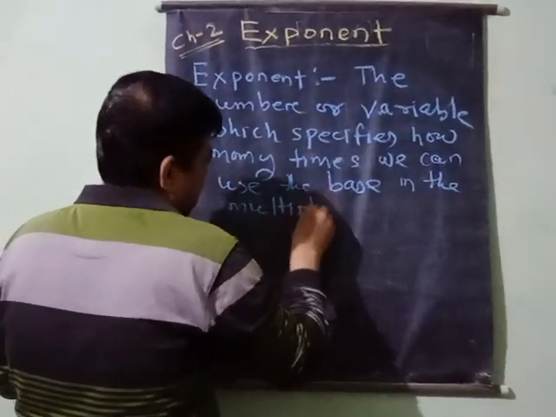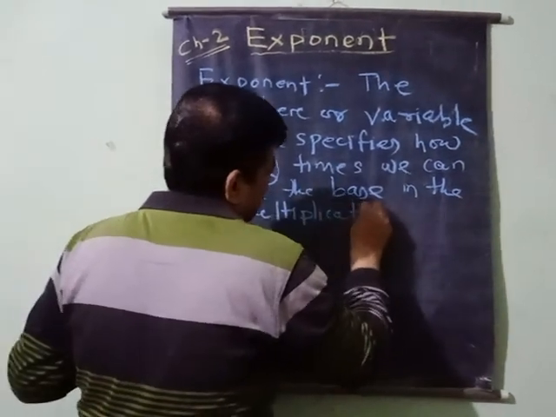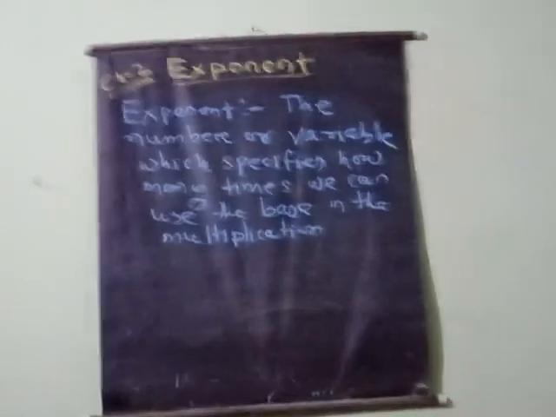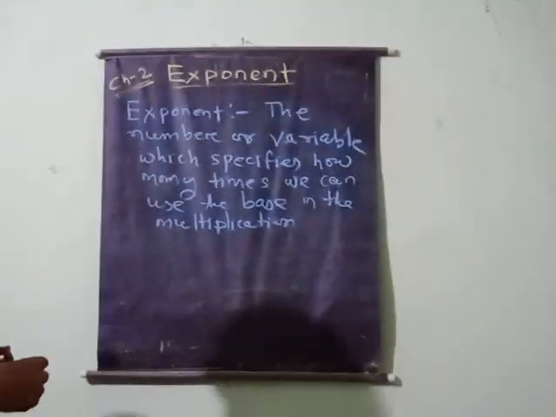So multiplication gives the idea of the exponent. So we derive the term exponent from the process of multiplication.